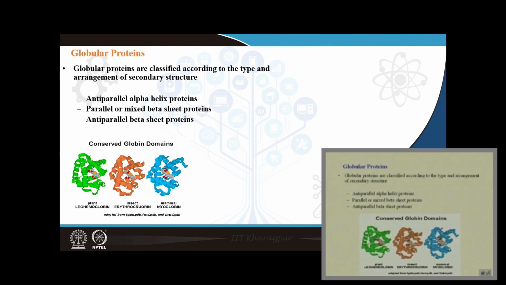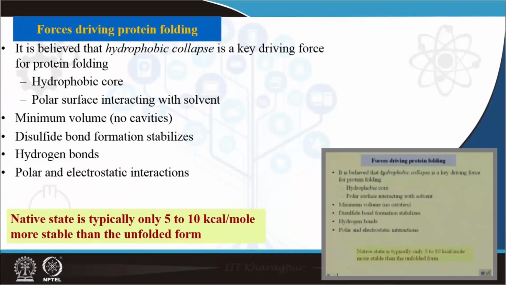They can bring different parts of the chain close by. Okay, and we also know of the alpha helices and the beta sheets that also bring parts of the structure together. And what are they connected by? Not covalent bonds but hydrogen bonds. Okay, so what are the forces that are going to drive protein folding?